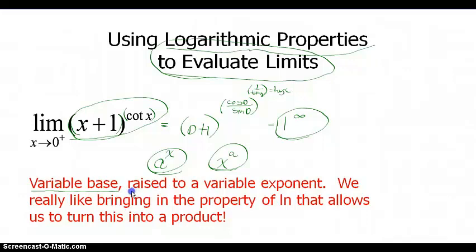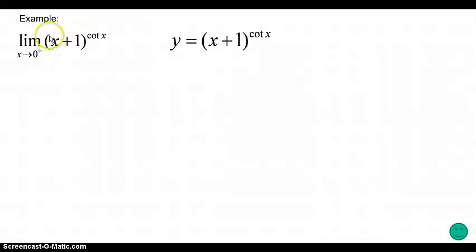So anytime we see a variable base raised to a variable exponent, think of introducing the natural log. And here's how we're going to do this. In this example, we're literally going to bring this function outside of the limit. See how I've dropped the limit notation and now I have defined the function to be y equals the quantity x plus 1 raised to the cotangent of x.